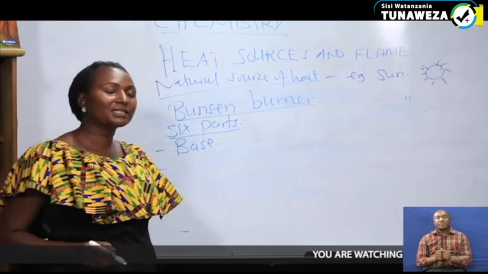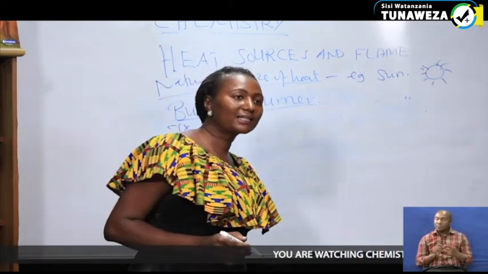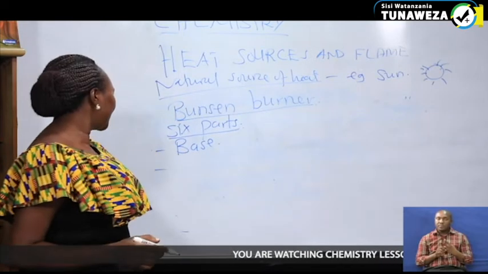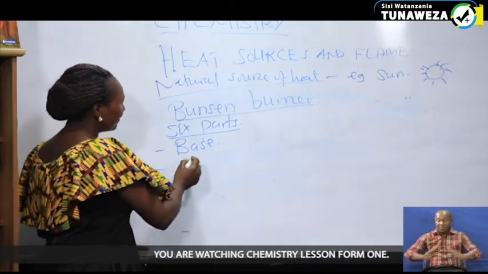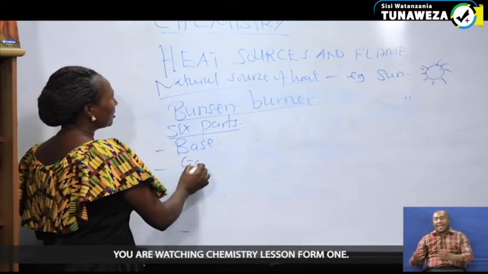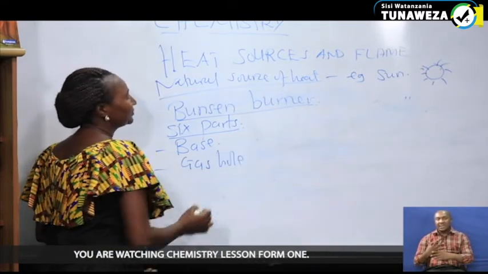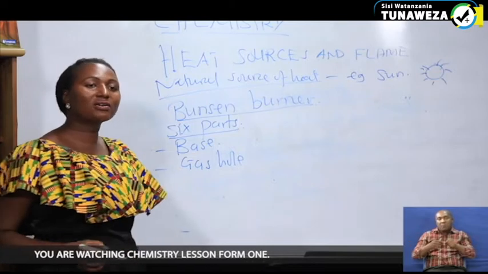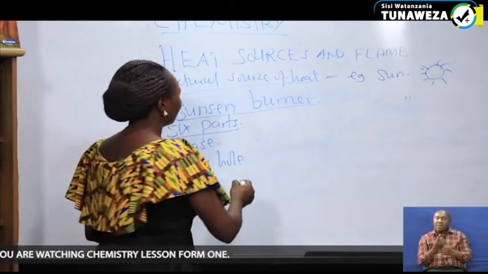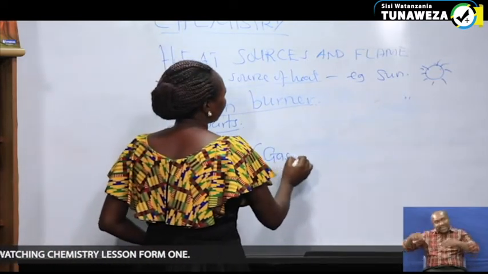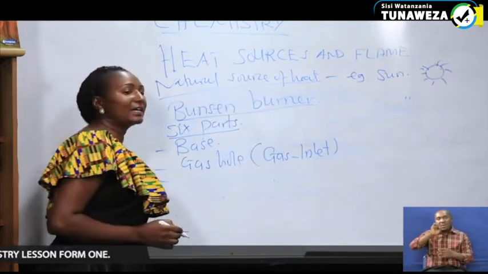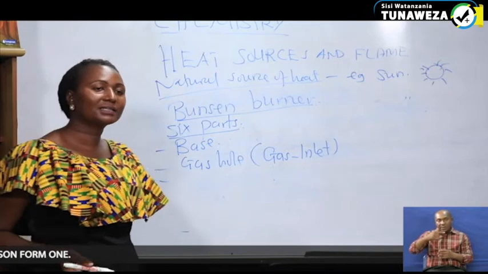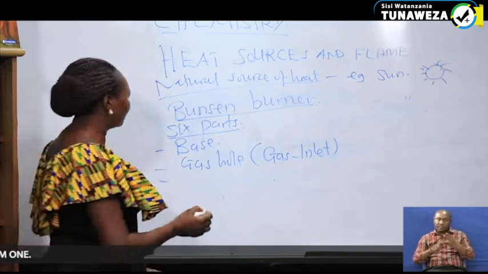Another part of the Bunsen burner is the gas hole, or sometimes you can call it the gas inlet. Another part of the Bunsen burner is the jet.